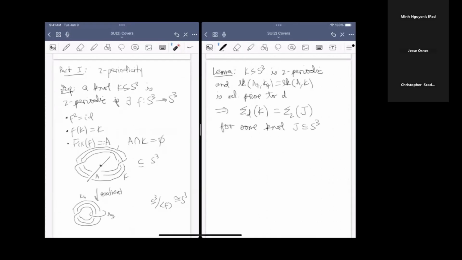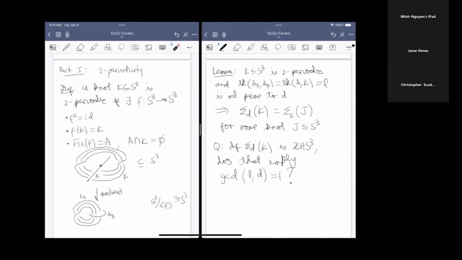But now the question that I actually have for the audience is, if I assume that this three manifold is an integer homology three sphere, does that imply that this linking number and the degree of the cover are relatively prime?